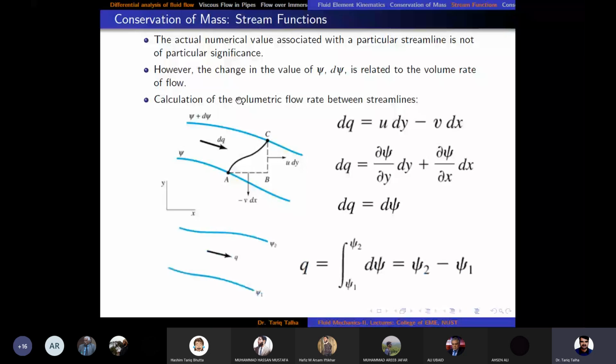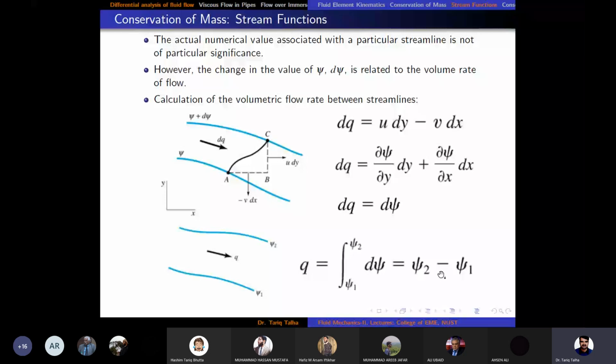So the volumetric flow rate, which is velocity into area, can be determined by integration. If we integrate both sides from one stream function value to the other, we can get the value of the volumetric flow rate.